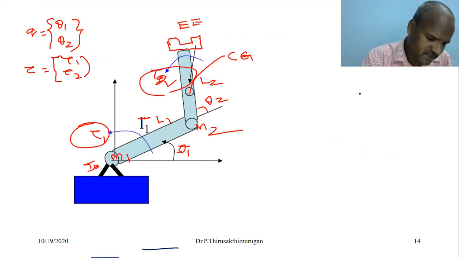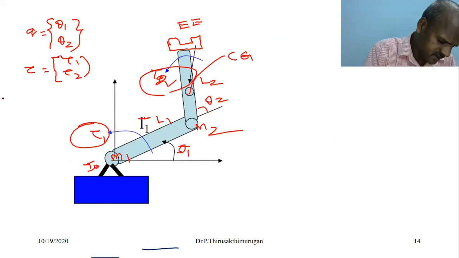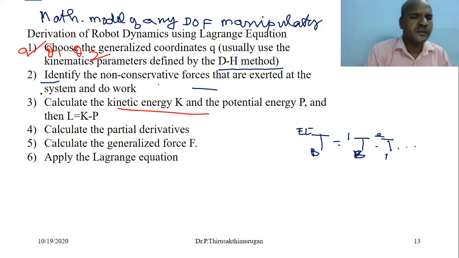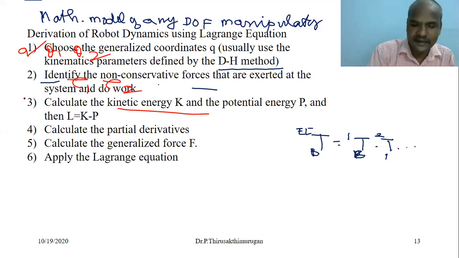So what is the next step? Calculate the kinetic energy. Third step is calculate the kinetic energy. First thing is Q. We found Q equal to theta 1, theta 2. Second, identify tau 1 and tau 2. Third is kinetic energy. What is kinetic energy?